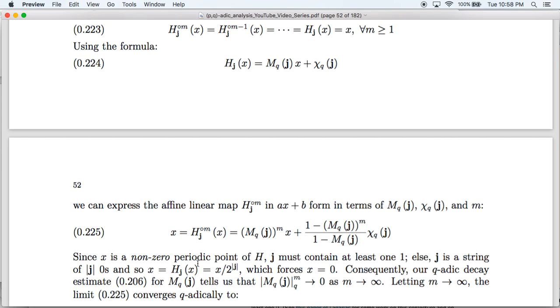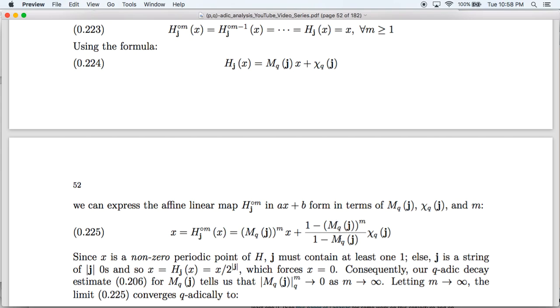Since x is a non-zero periodic point of h, j must contain at least a single 1. Otherwise, bold j is a zero string, and so h bold j is just going to divide by a power of 2. Therefore, x being fixed by h bold j forces x to be 0. So j has at least one 1.